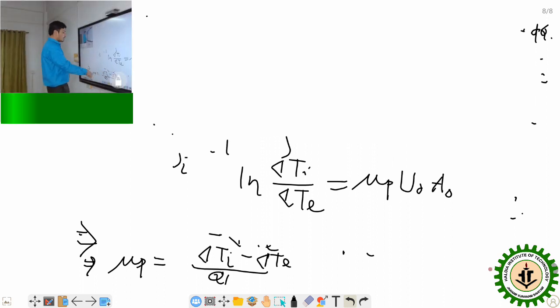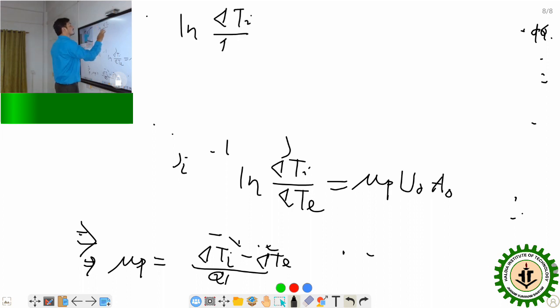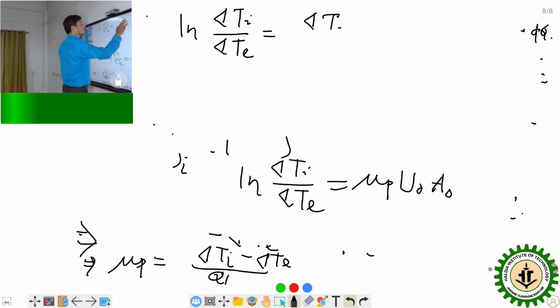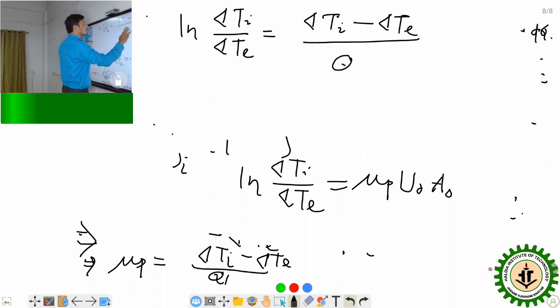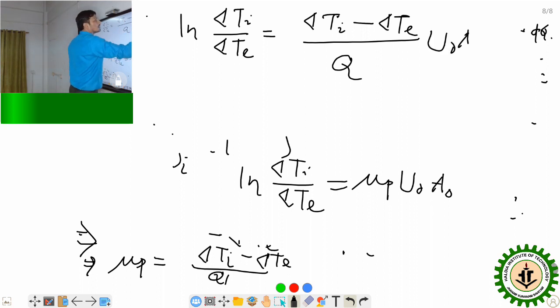So putting that mu p value, what are we getting ultimately? Del ti minus del te, putting that value there, is del ti minus del te divided by q, and here U0 A0.